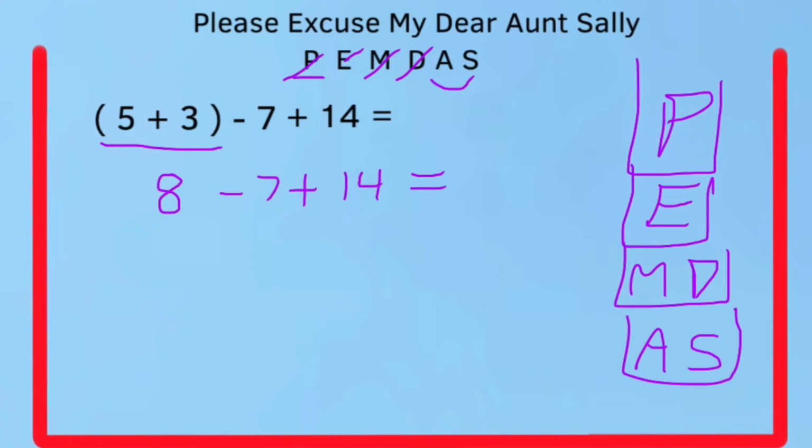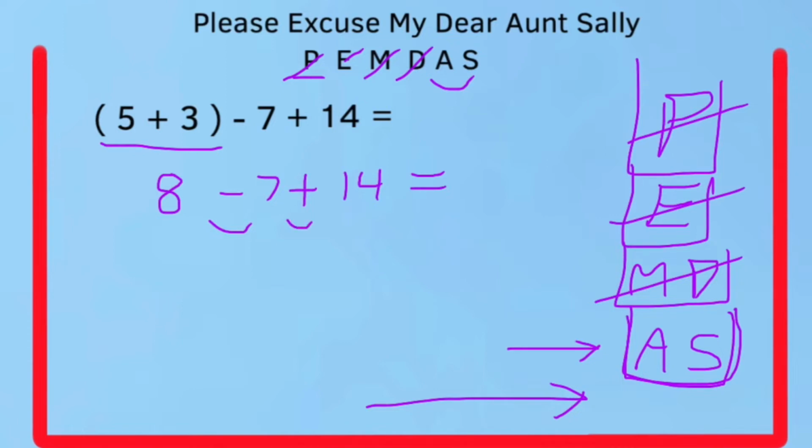All right, we did these. Did that. There aren't any of these, and I have AS, add, subtract. The reason this is in its section, because it doesn't matter which one I do first, because I have to go from left to right. So this one, and then this one.